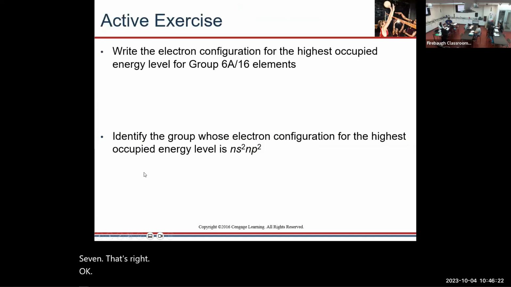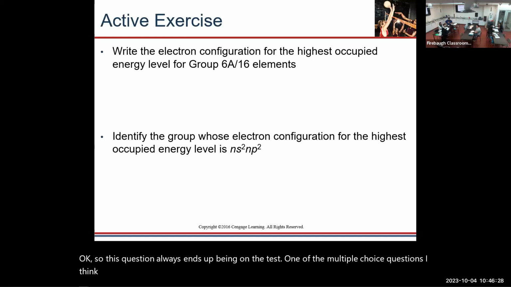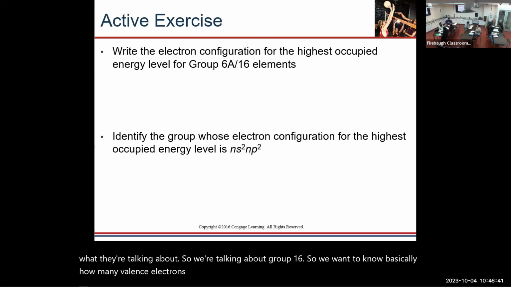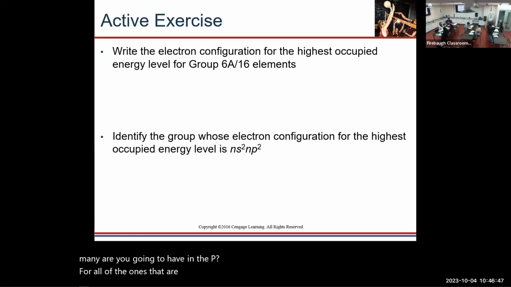This question always ends up being on the test as one of the multiple choice questions. I think it's a weird question, but in this case, all they want you to do is write a generic form for what they're talking about. So we're talking about group 16. We want to know how many valence electrons you are going to have in the S, and how many you are going to have in the P for all of the ones in group 16.